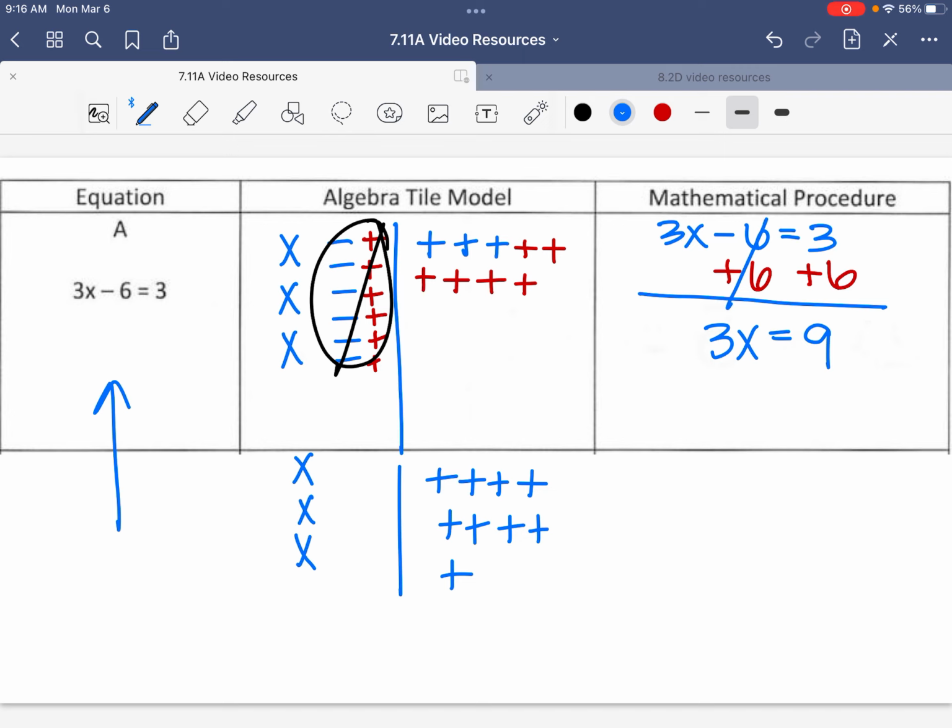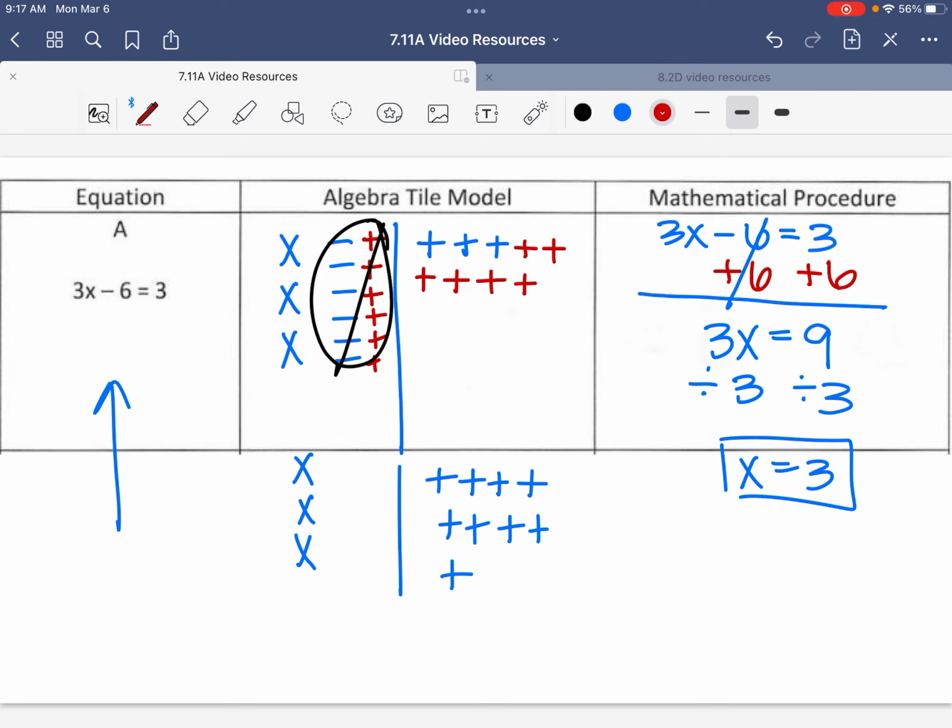So again, I'm not quite there. I want to know what one individual x is equal to, so I can share the positive 9 equally amongst each of the 3 x's. So I'm essentially dividing into 3 groups. So if we look at the mathematical procedure, each x will equal 3. And let's see if our representation, our model, shows the same thing.